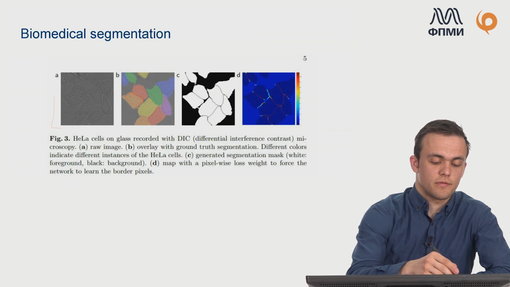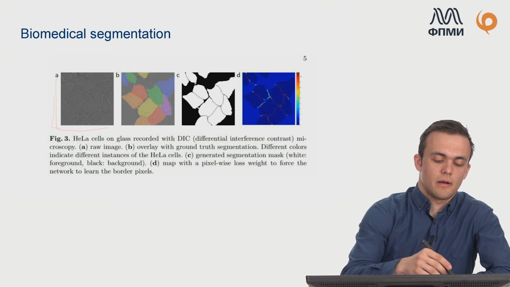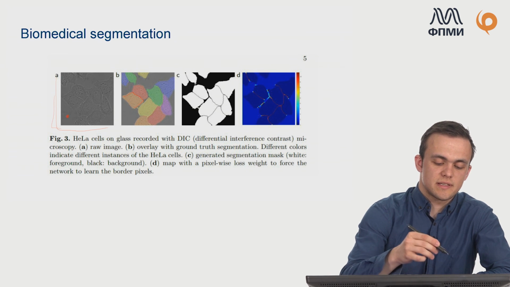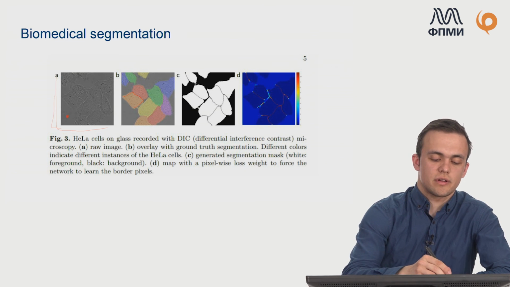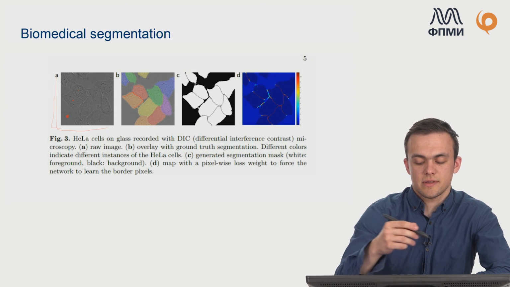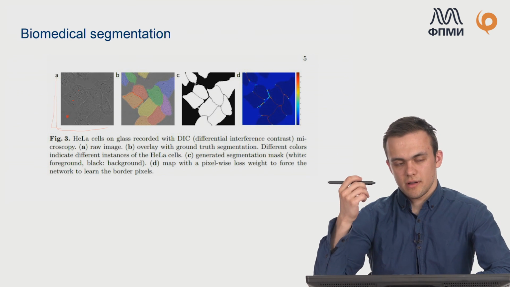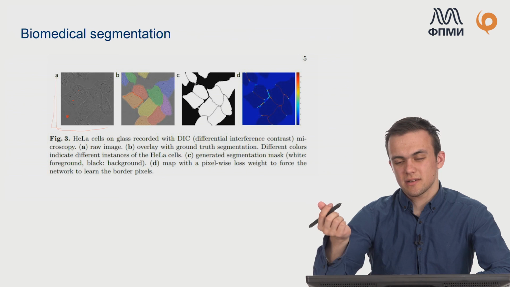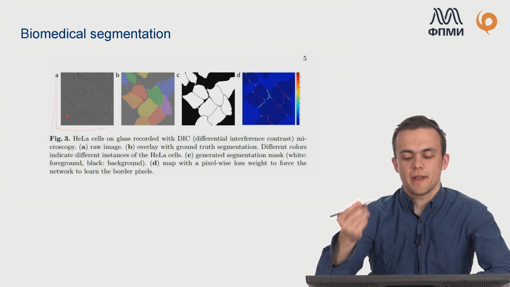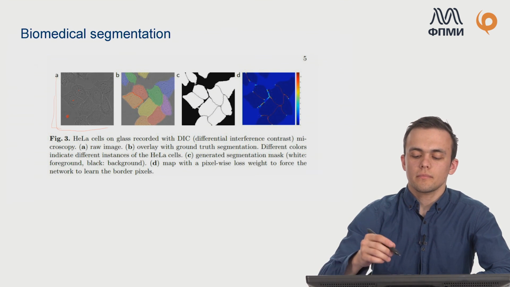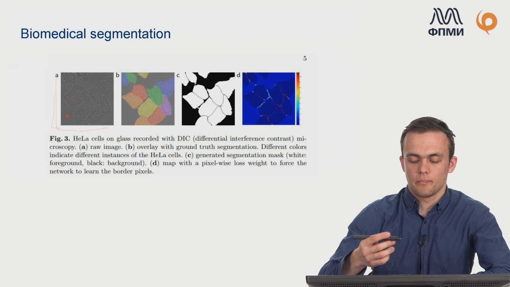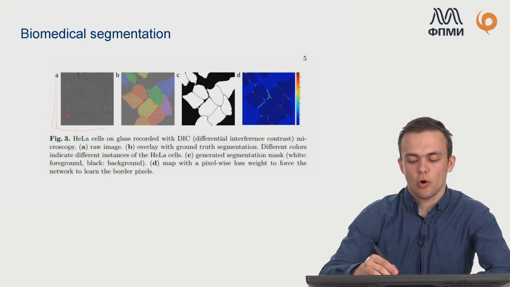So, for example, for this image, if this pixel is a cell or if it's background, and so on. But for so-called panoptic segmentation, the network has to determine different objects too.